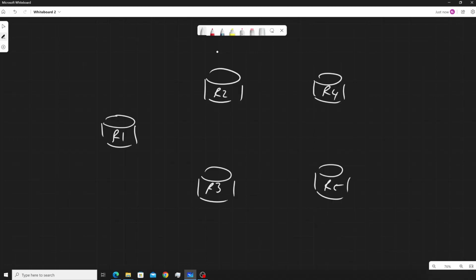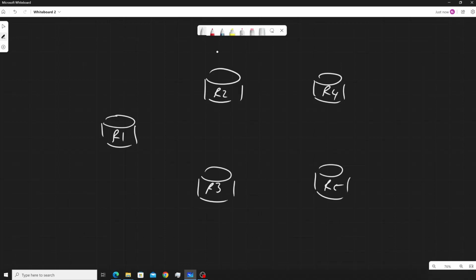So imagine that we had a cluster of routers: R1, R2, R3, R4, R5.